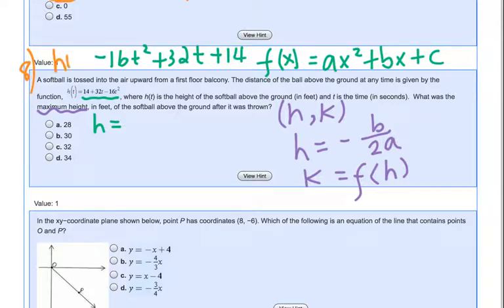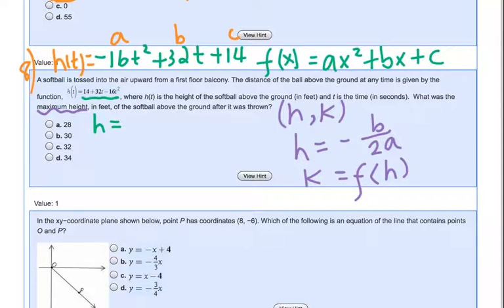And that's the h of t. That's a, here's b, this is c.